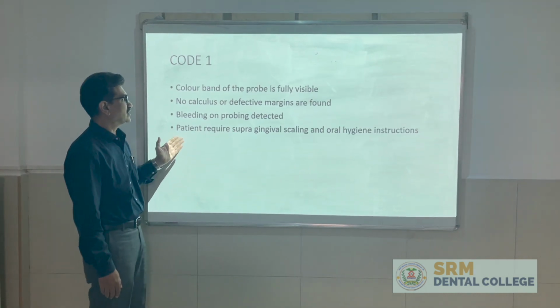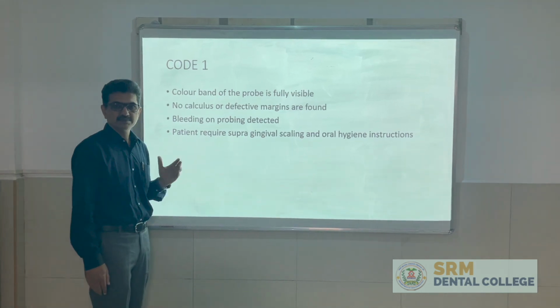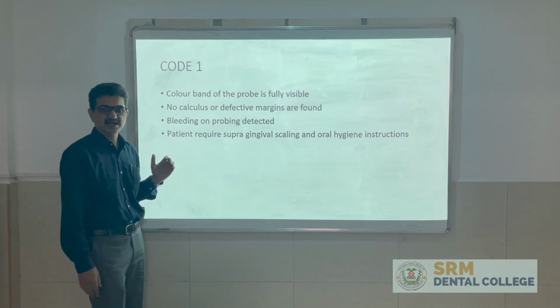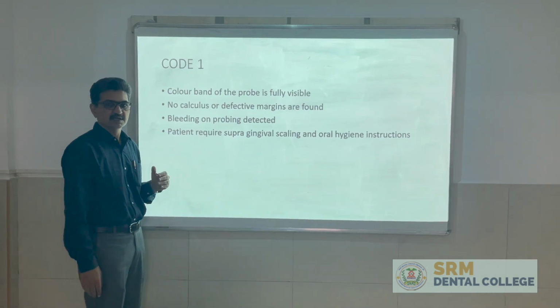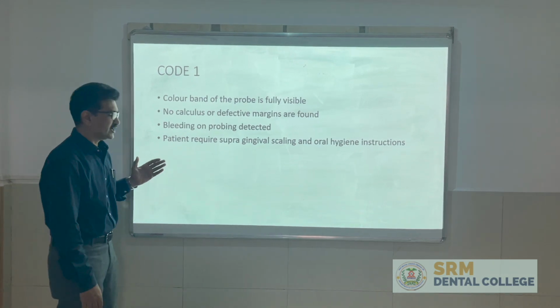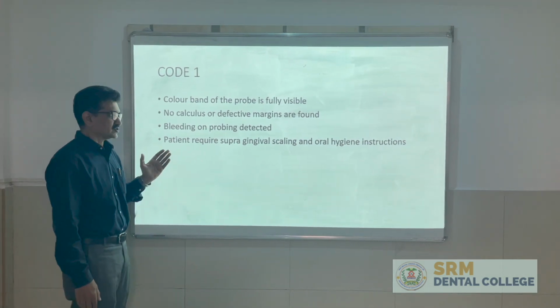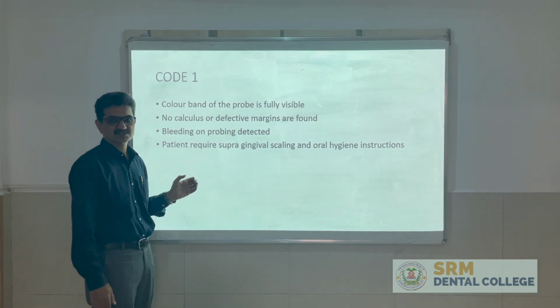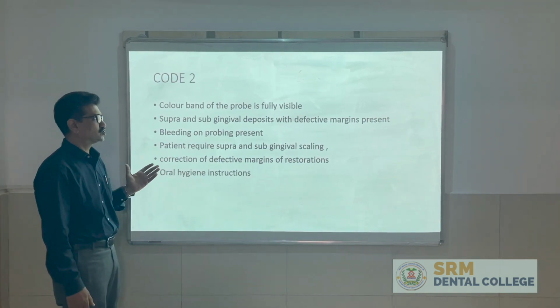Next is code 1. In code 1, again the color band is fully visible, and there are no supra and subgingival deposits, but there is mild bleeding on probing. Such patients require supra and subgingival scaling along with oral hygiene instructions. Next is code 2.